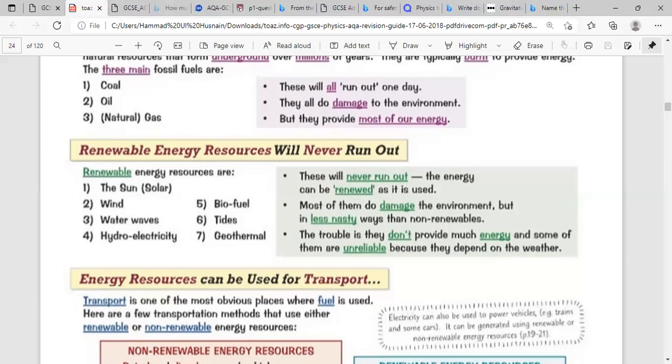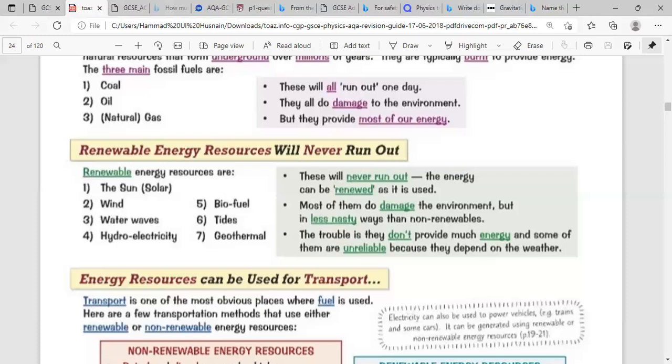What happens if we have rain for 2 or 3 days? From where will we get that energy? So this type of energy, the renewable energy resources, are not reliable. We cannot rely completely on these energy resources, because one thing is they provide less energy, and the other thing is they are not reliable, right?